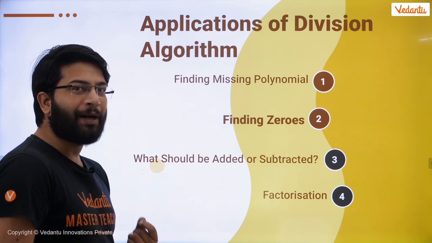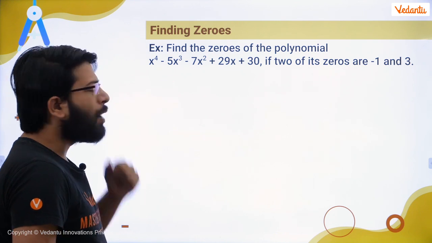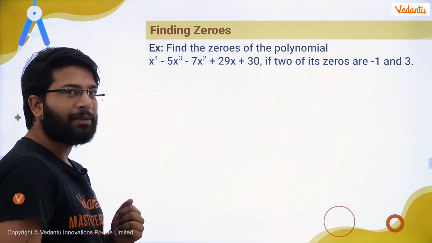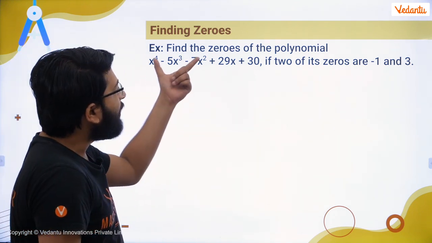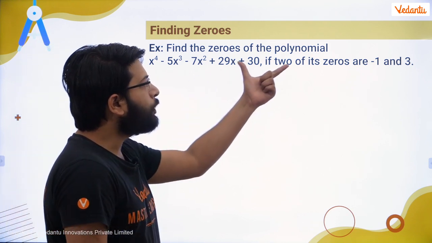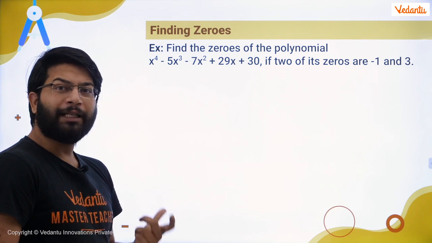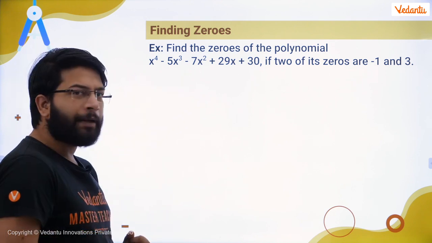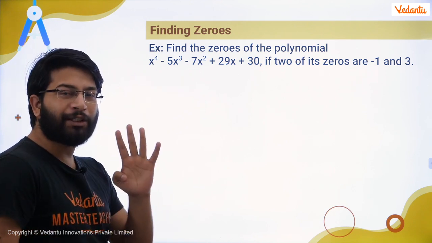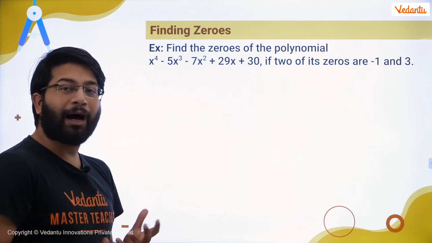Now let's see with the help of the division algorithm how we can find the zeros of a particular polynomial. Let's say a biquadratic polynomial is given to us. We have to find the zeros of this biquadratic polynomial if two of its zeros are minus 1 and 3. A biquadratic polynomial will have 4 zeros, and out of the 4 zeros, 2 are already given.